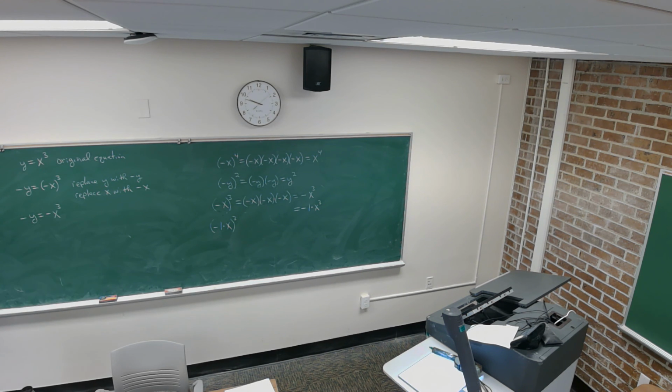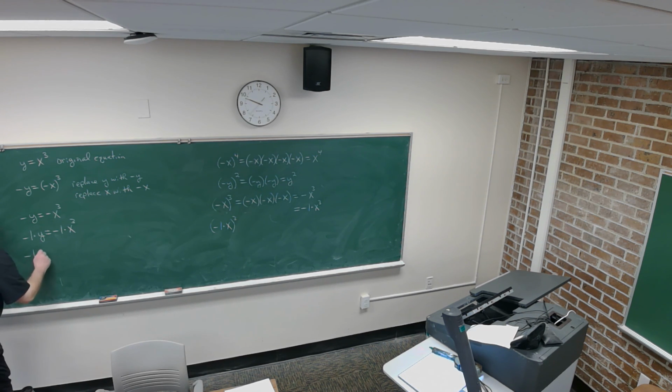Just to emphasize what we have here, minus y is the same as minus 1 times y, and the negative of x cubed is the same as negative 1 times x cubed. Now solving for y, we can divide both sides by negative 1.